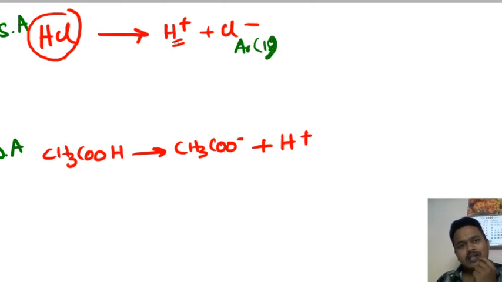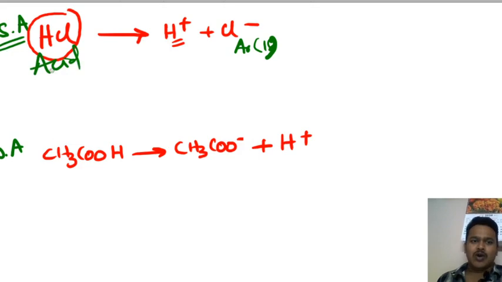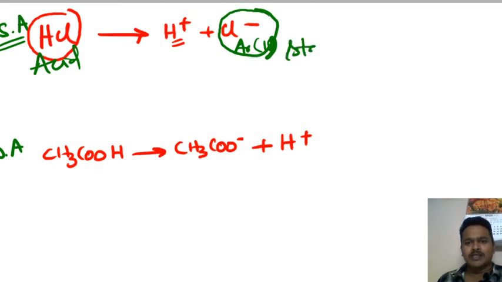It is also getting stability. So for stability only, it is behaving like a strong acid. Once it is converting into Cl minus, now I am saying it is stable.